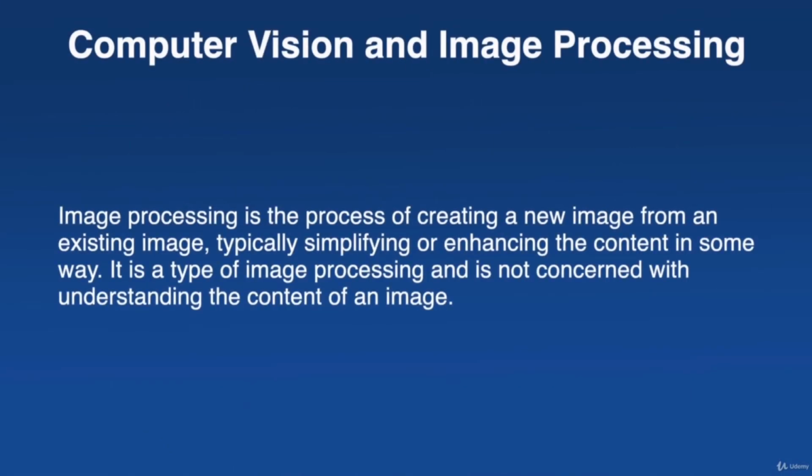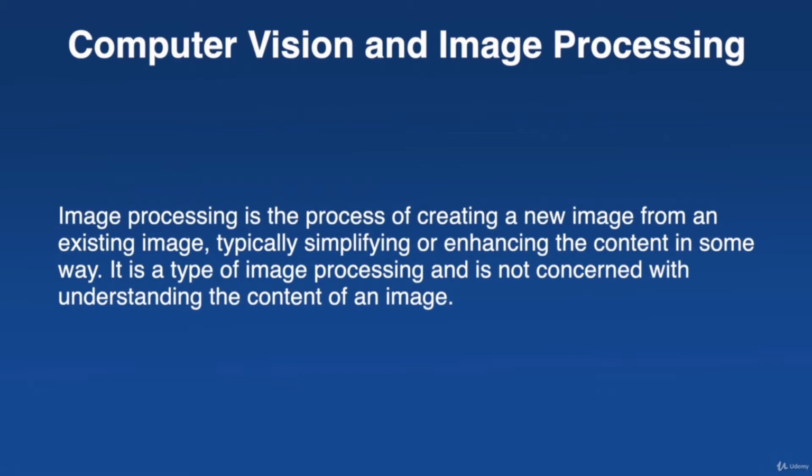You also need to distinguish image processing from computer vision. Image processing is the process of creating a new image from an existing one, typically simplifying or enhancing the content in some way. It is a type of image processing and is not concerned with understanding the content of an image.